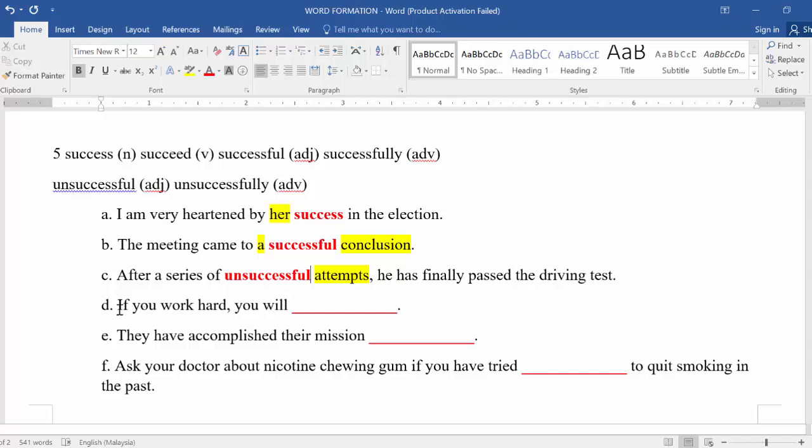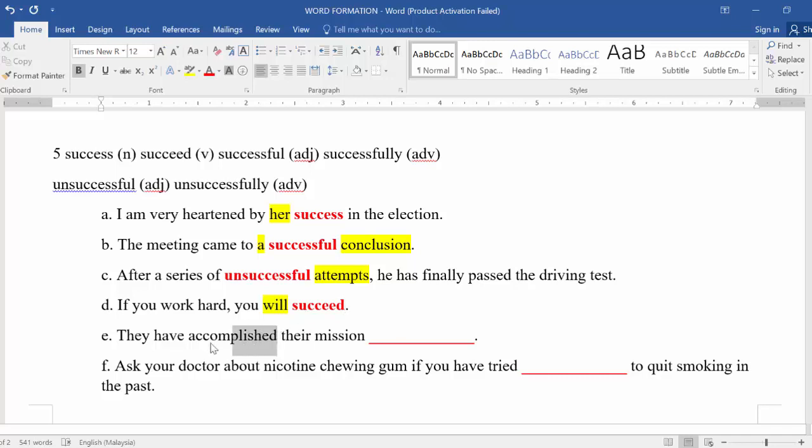Okay, D. If you work hard, you will what? Highlight will. Will is a keyword here. When you see will, the next word should be a verb, an original verb. So your answer should be succeed. Original verb, succeed. Next one, they have accomplished. Accomplish means achieve. Their mission, what?